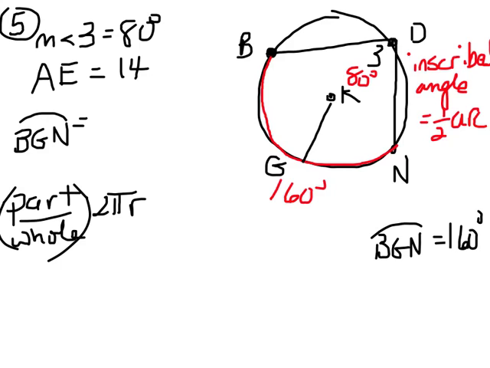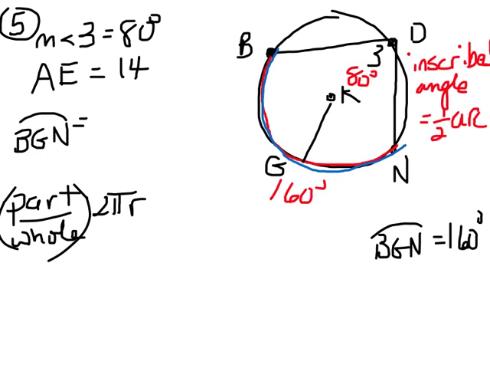They want us to find BGN. Well, guess what? That's the part that we have the measure for, right? It is the red arc. I didn't have to trace over it again. I could have just said it's the red arc. So we know it's 160 degrees out of the whole circle.